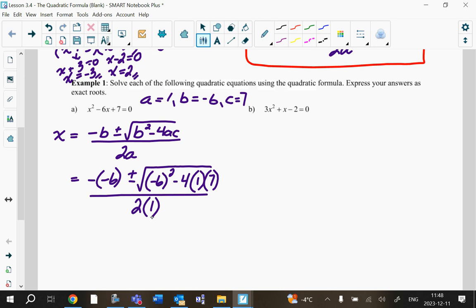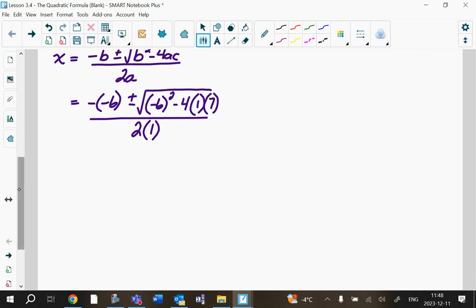First thing you guys said was, correct, negative 6 becomes positive 6. I can do a lot of simplifying inside the square root. What's negative 6 all squared? 36 minus 4 times 1 times 7, 28.